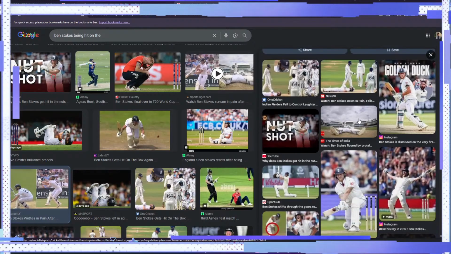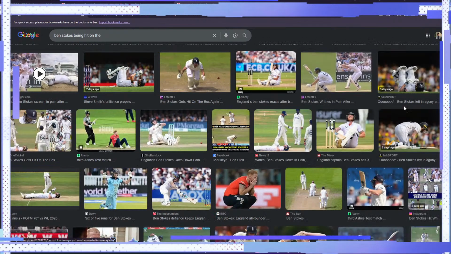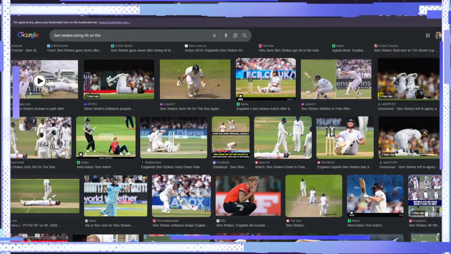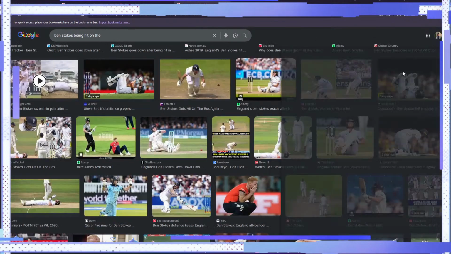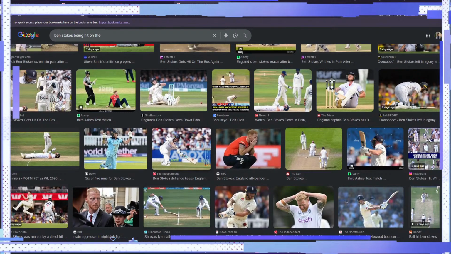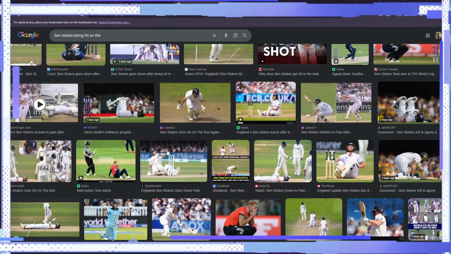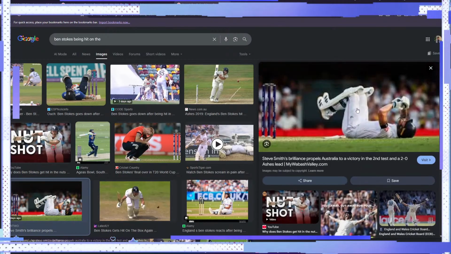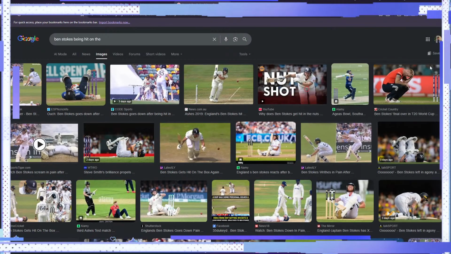Interesting. Either pick this one or this one. The thing is, my guy's been hit many times.